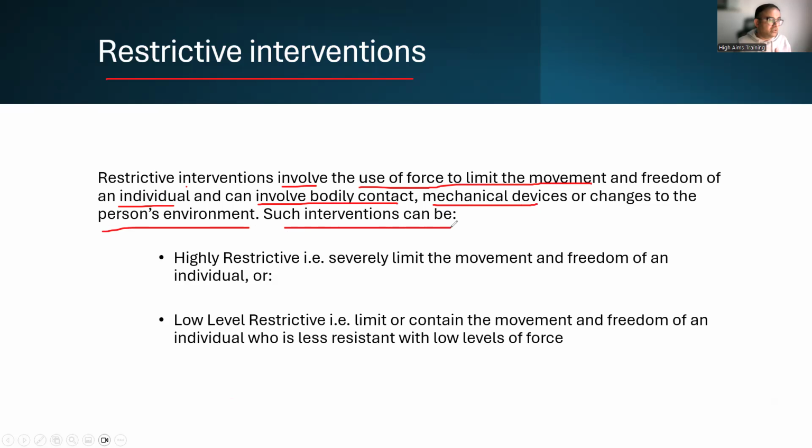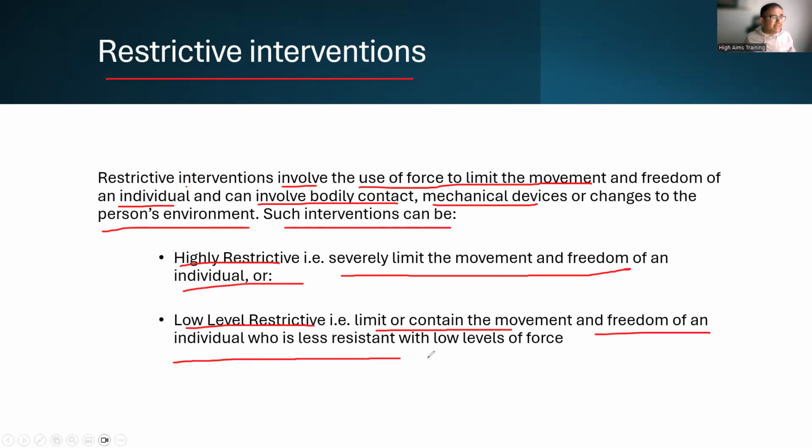Such interventions can be highly restrictive, that is, severely limit the movement and freedom of an individual, or low-level restrictions, which limit or contain the movement and freedom of an individual who is less resistant, with low levels of force. When you come to the class, we will teach you all of that, but just for the theoretical part, you need to understand this.